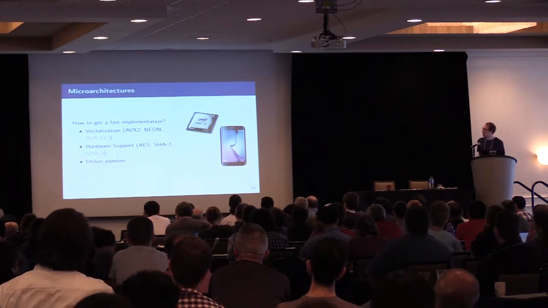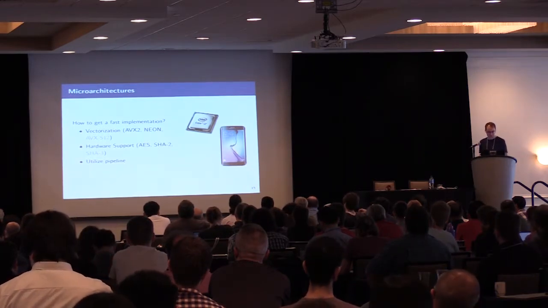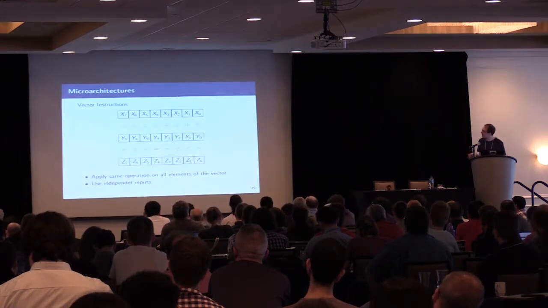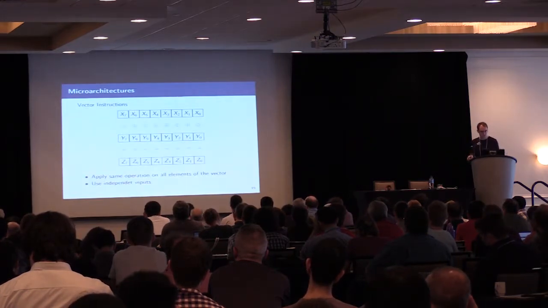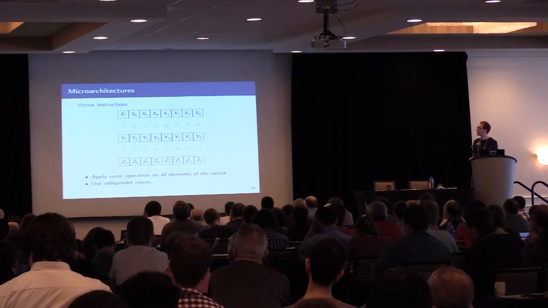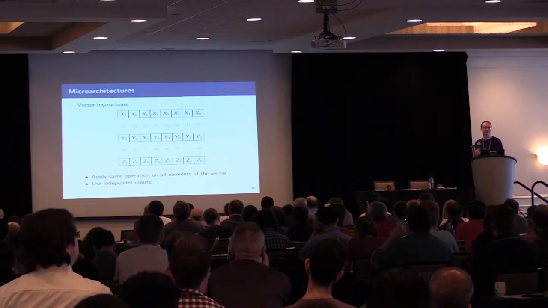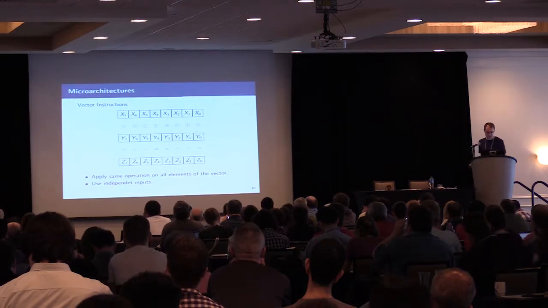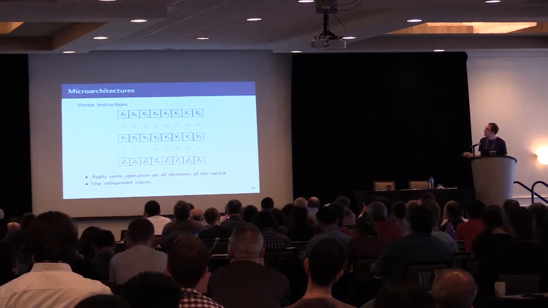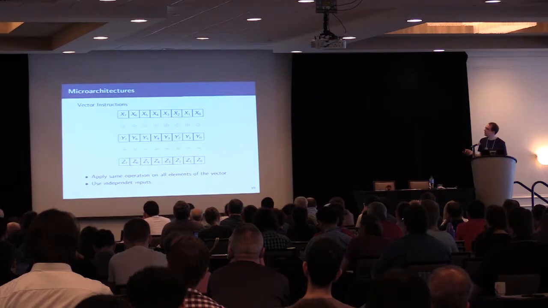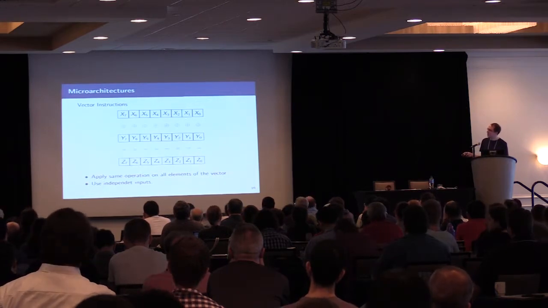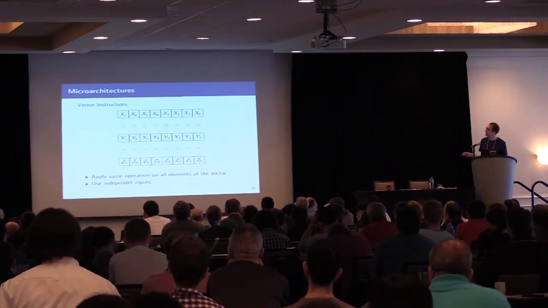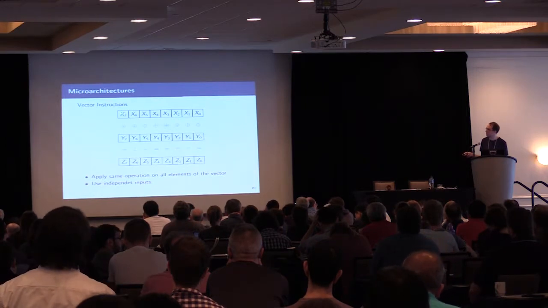Another important aspect is how to utilize the pipeline. I will quickly show a few things which are not necessarily limited to implementing these hash functions here, but are just general things to speed up implementations. So the idea behind vector instructions is you have a vector with a certain number of elements, and you can apply the same operation to all of these elements.